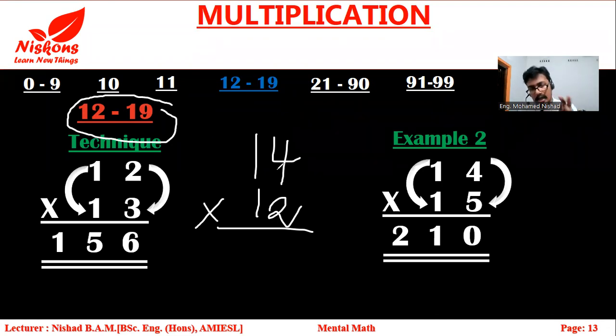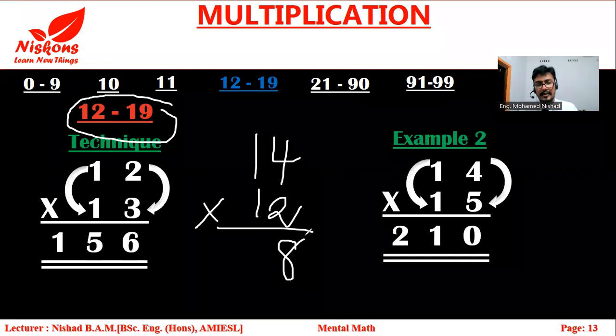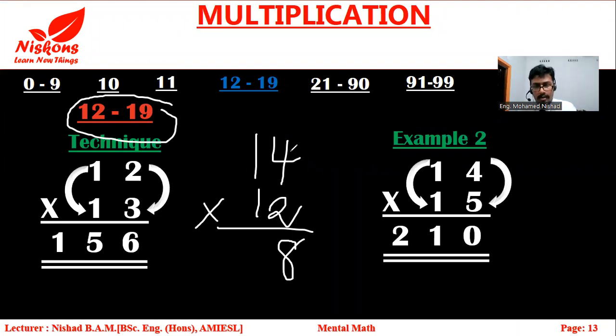If those two numbers are within this range, what we have to do is multiply these two numbers together. 4 times 2, that will be 8. And then we have to add those two numbers. 4 plus 2, that will be equal to 6.